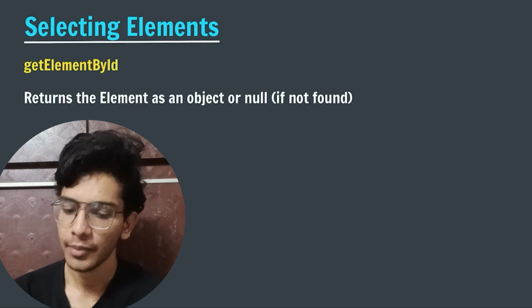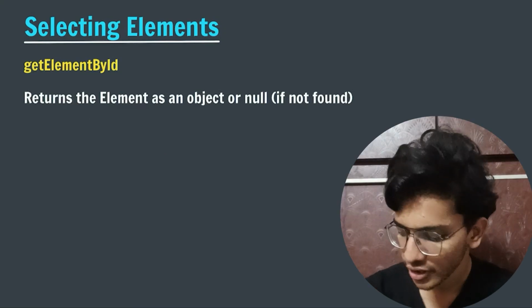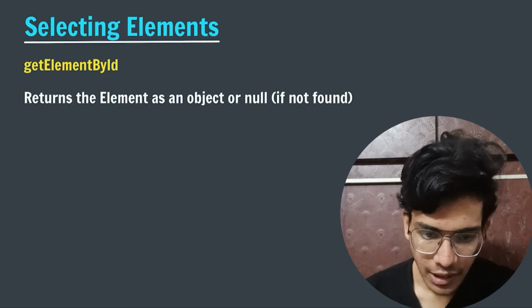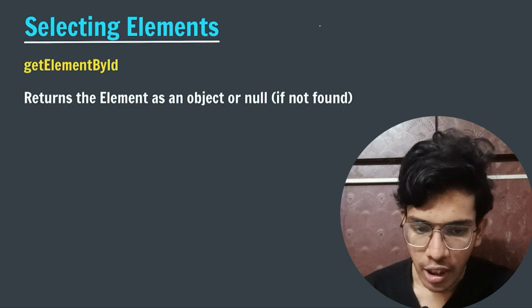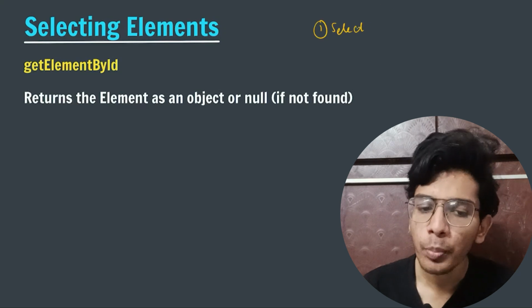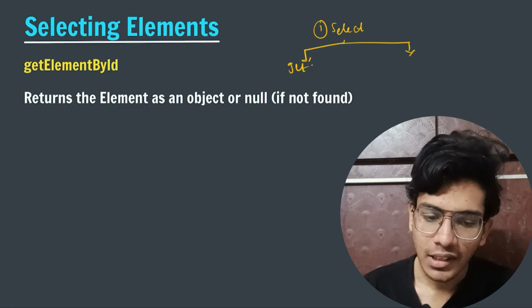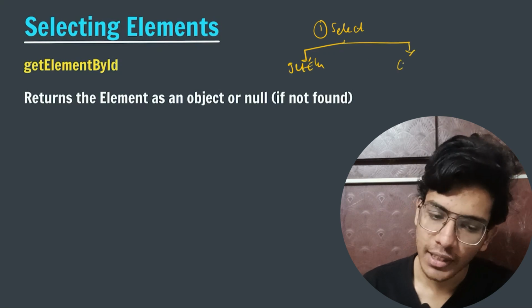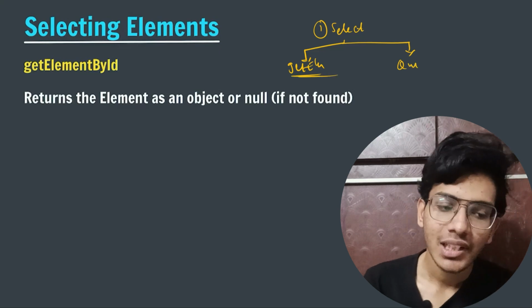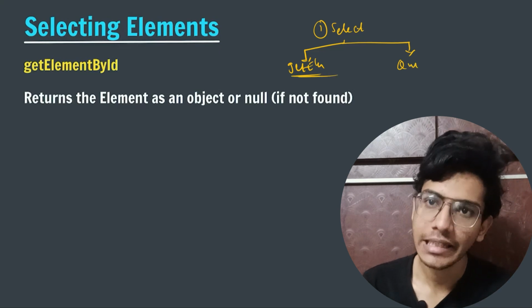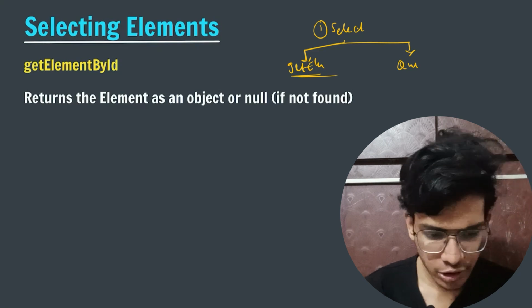In selection we have mainly two kinds of methods. One is the GetElement methods and the second one is QuerySelector. Let us begin with our first method, which is GetElementById. Let us see how this will work.